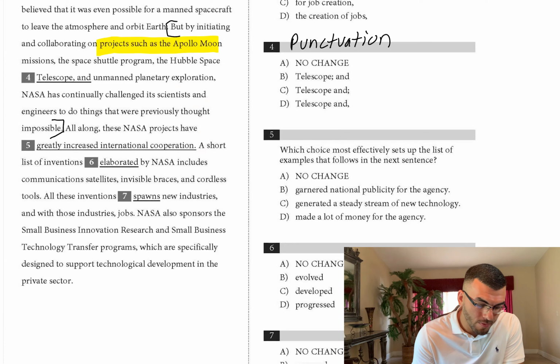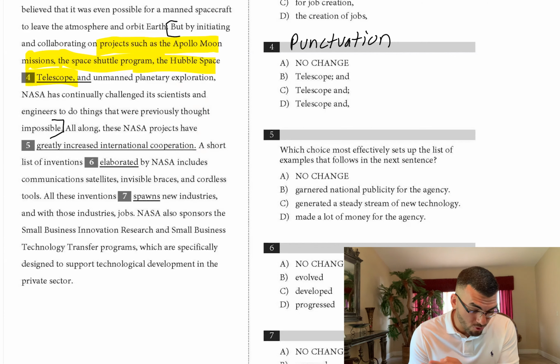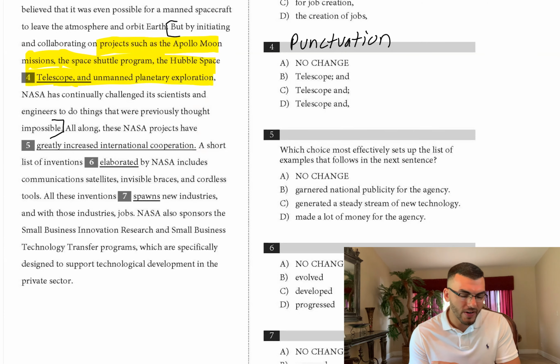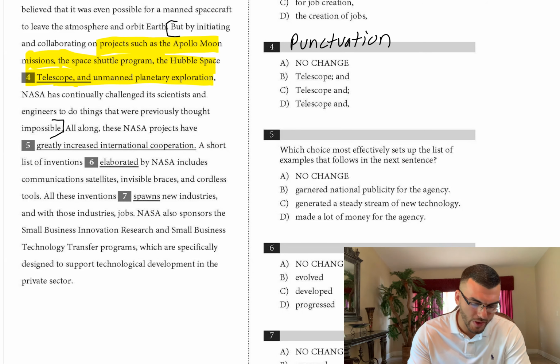Projects such as the Apollo moon missions, that's 1. The Space Shuttle program, that's 2. The Hubble Space Telescope, that's 3. And unmanned planetary exploration, that's 4. So we have a list. Each item in the list needs to have a comma immediately following it.